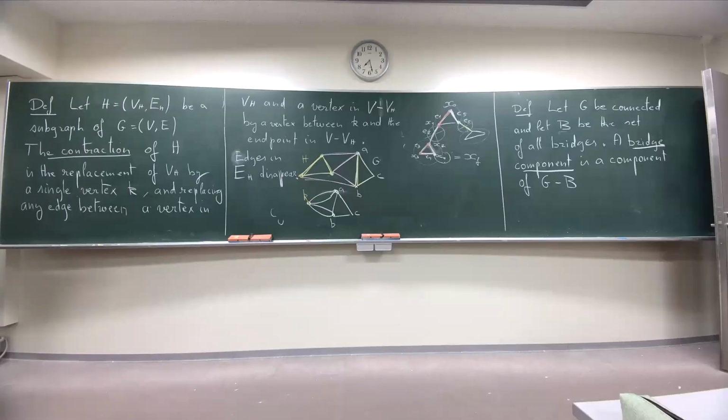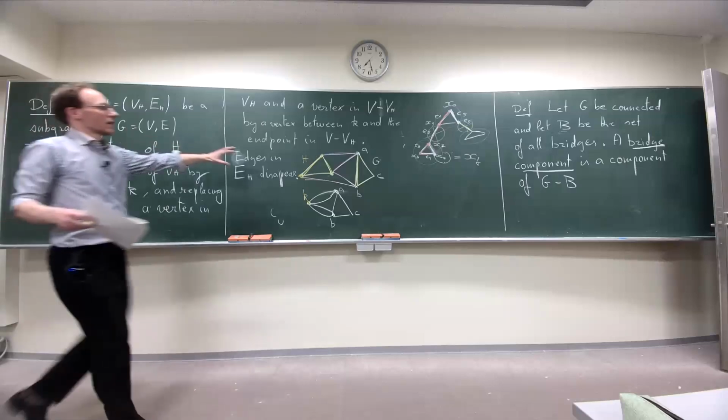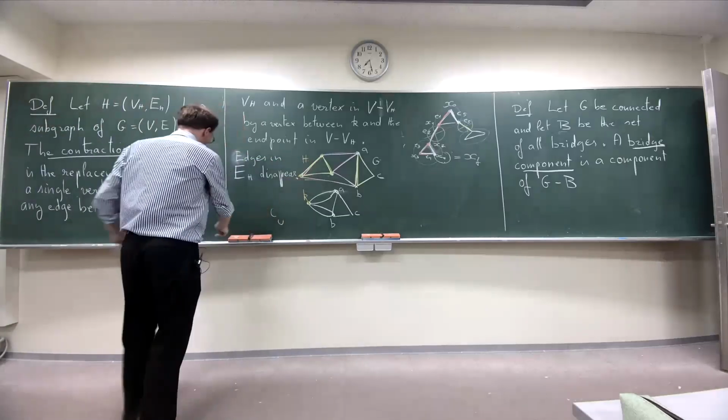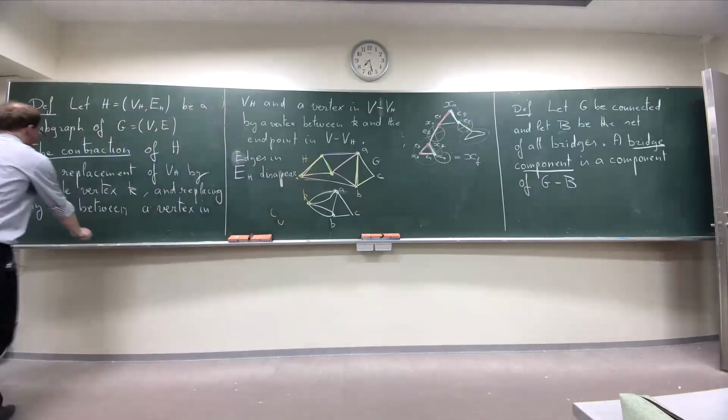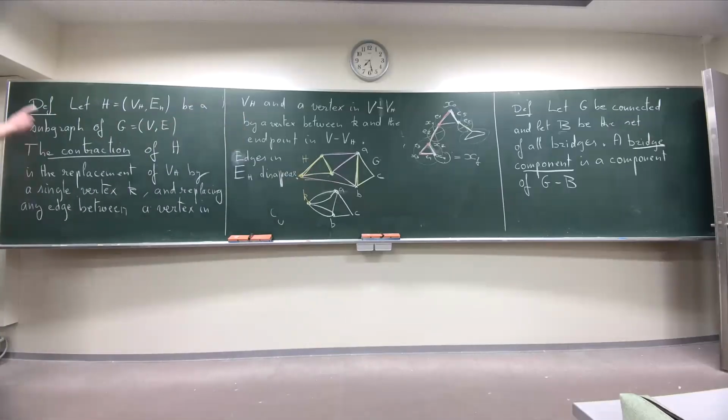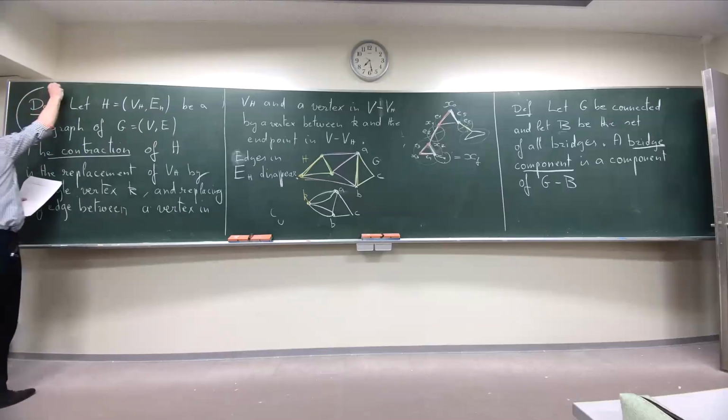Probably in this definition, I need H to be connected. So let H be a connected subgraph. I don't think I took it in the notes, so I have to be careful. Add, please, the word connected.